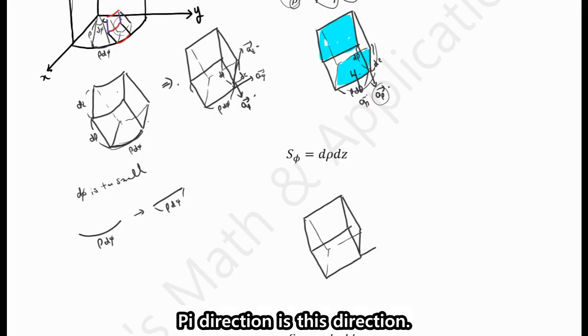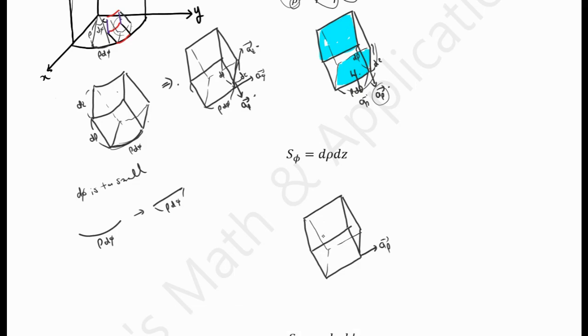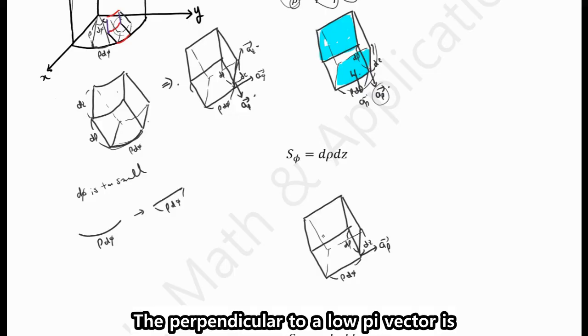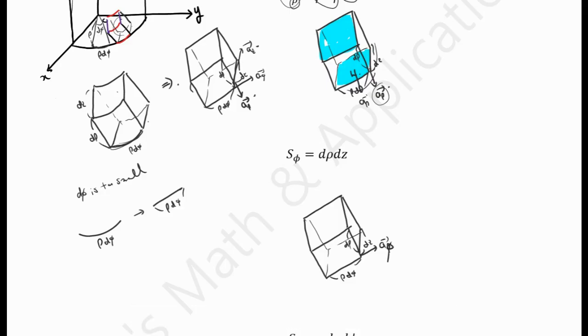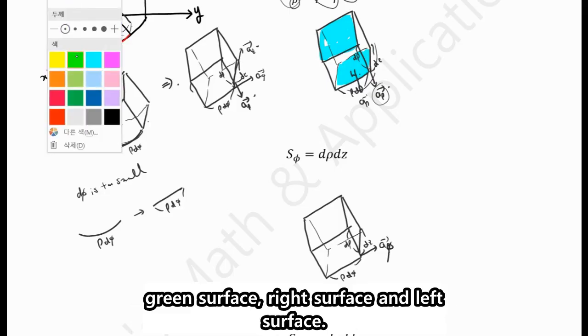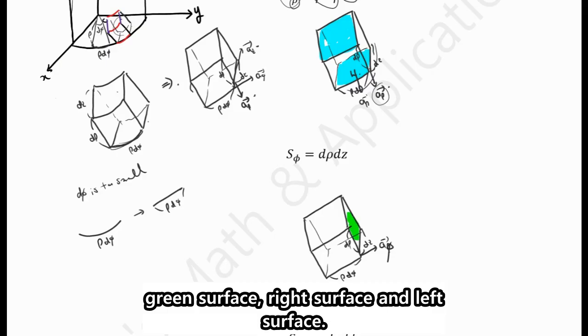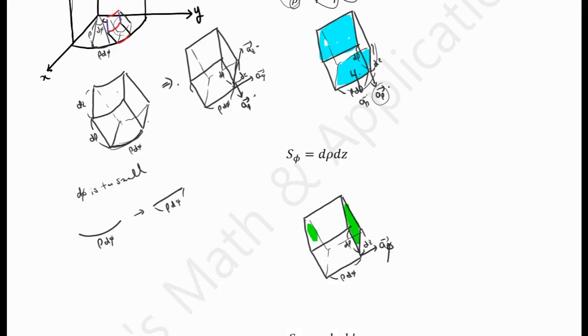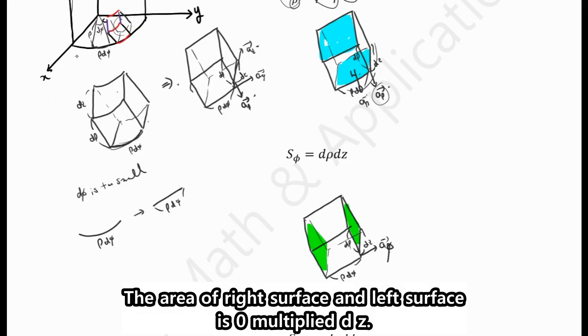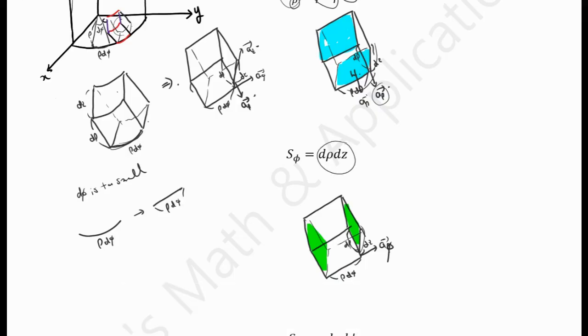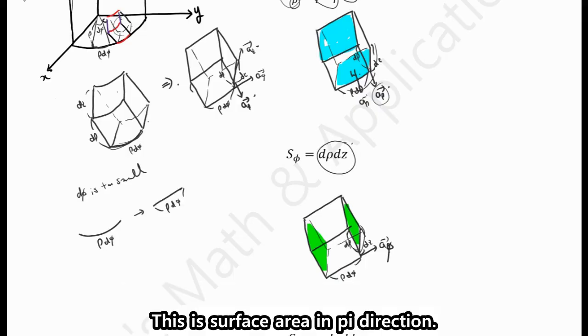The phi direction is this direction. Perpendicular to the a phi vector are the green surface, the right surface, and the left surface. The area of the right surface and left surface is d rho multiplied by dz. This is the surface area in the phi direction.